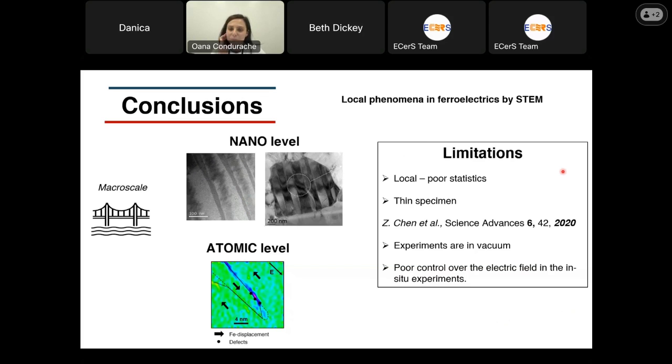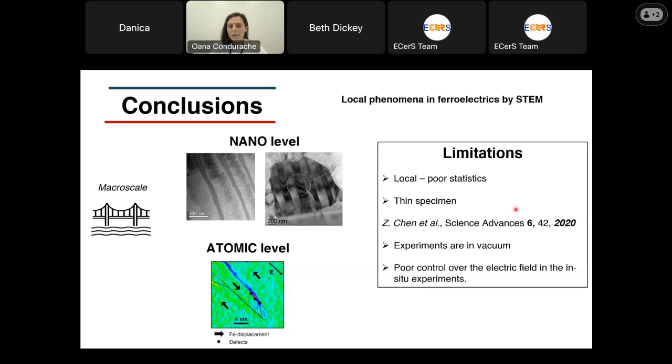However, the reverse is true, that local measurements should be approached with caution, and maybe this could bring poor statistics. So it's always better to put it in the context of the macroscopic measurement. Then the samples are quite thin, and the experiments are in vacuum.